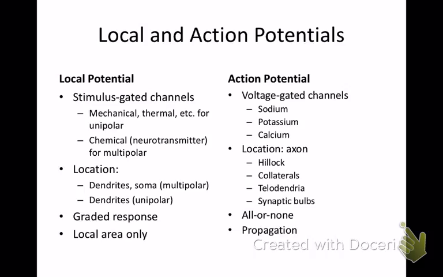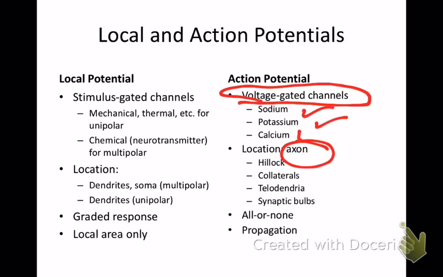If we're talking about an axon, what kind of gates do I have? Voltage regulated gates. What opens those? Voltage does. Okay, what kind of voltage gates have we already met? Sodium, potassium, and calcium, and we're going to use the same gates in the same place we did last week.